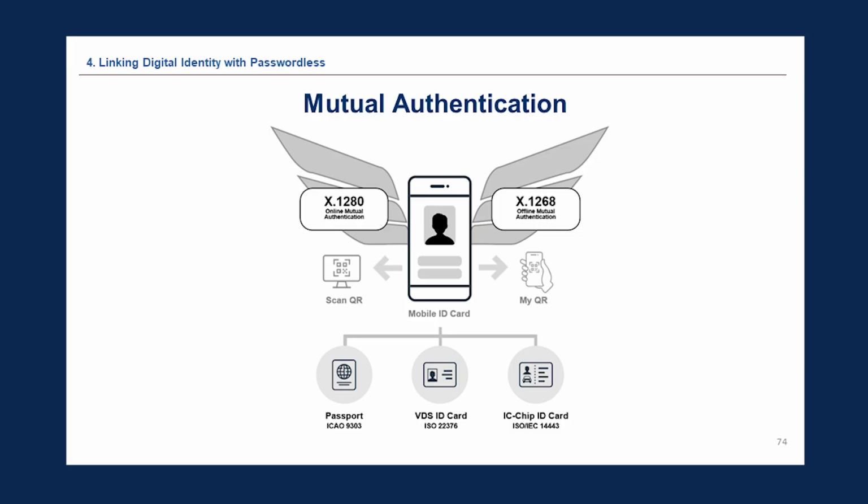The first one is, as you can see, just using one-side, QR code based user authentication on your wallet. By adding X.1280, we can enhance the user authenticity and user identity, because the service provider is verified first, then the user authentication.